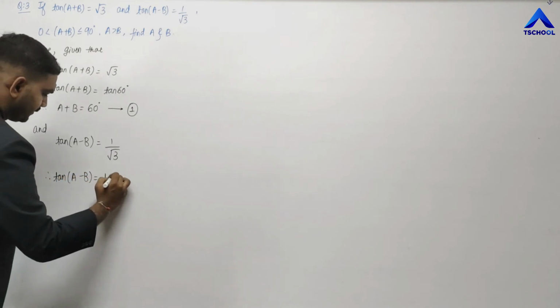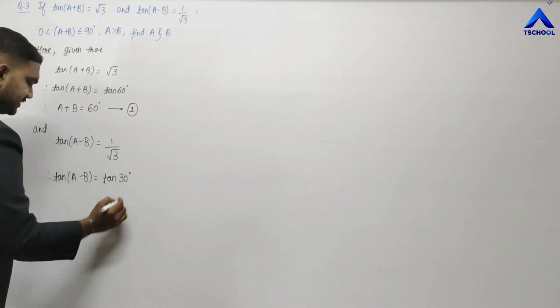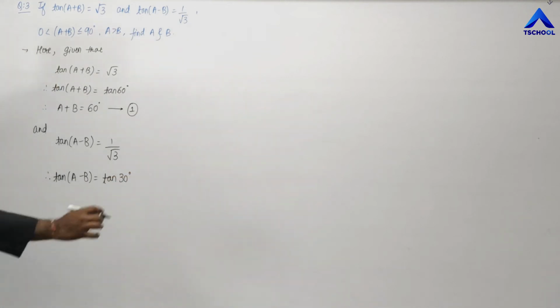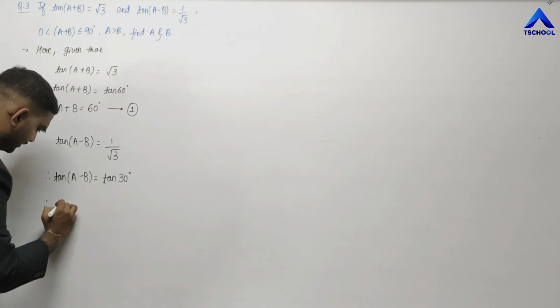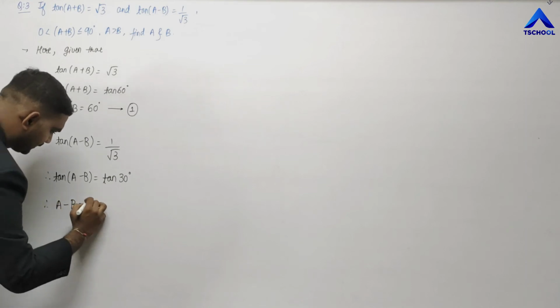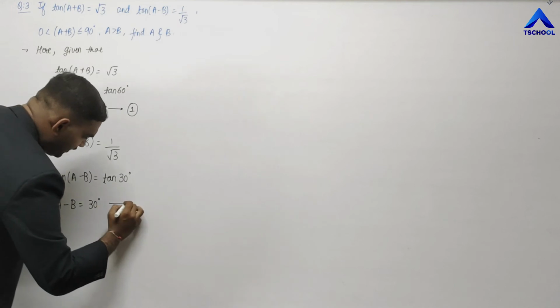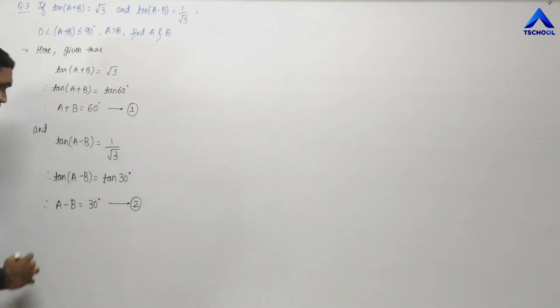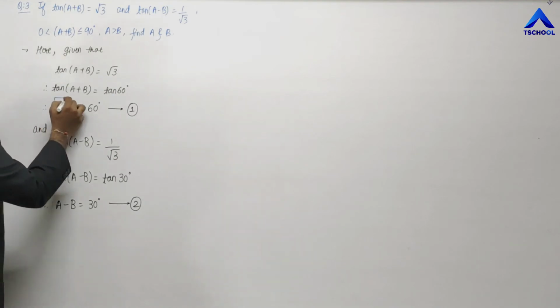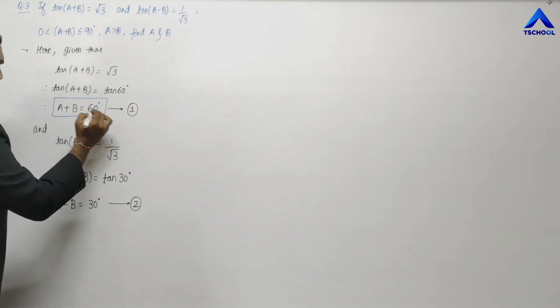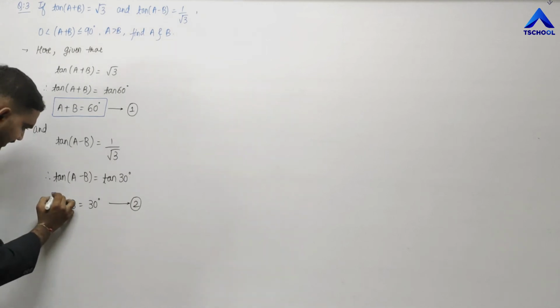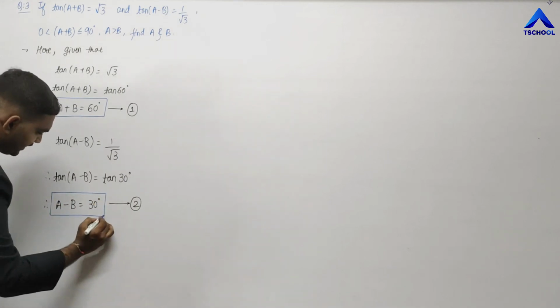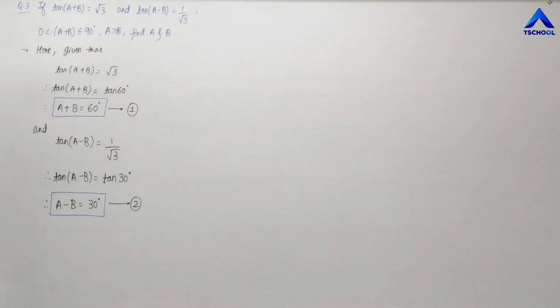A minus B is equal to 30 degrees, which gives me the second equation. So we got two equations. The first one is A plus B is equal to 60 degrees, and the second one is A minus B is equal to 30 degrees.